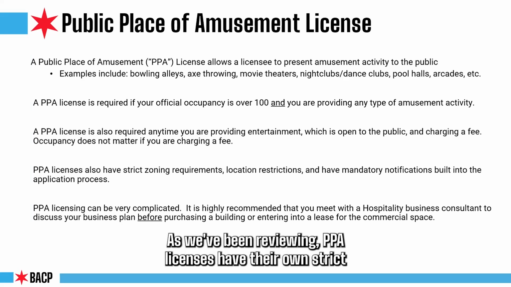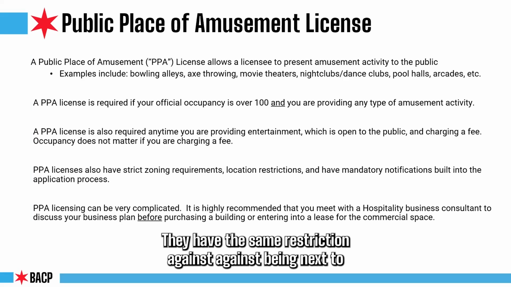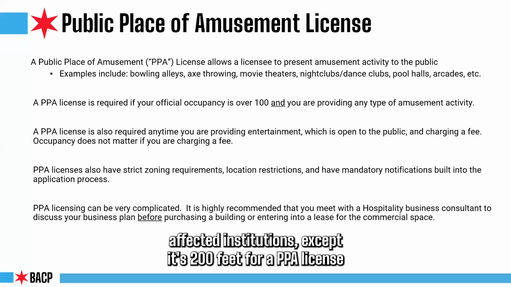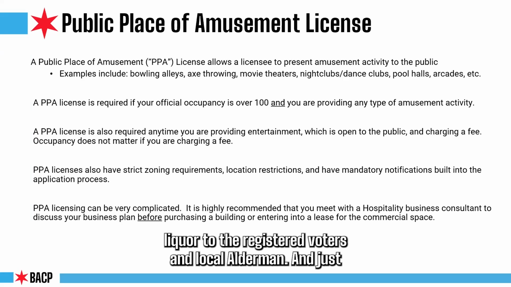As we've been reviewing, PPA licenses have their own strict zoning requirements, location restrictions, etc. They have the same restriction against being next to affected institutions, except it's 200 feet for a PPA license. And it also will give all the notice that we discussed in liquor to the registered voters and local aldermen.